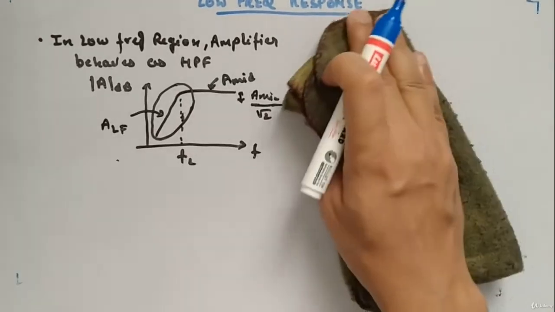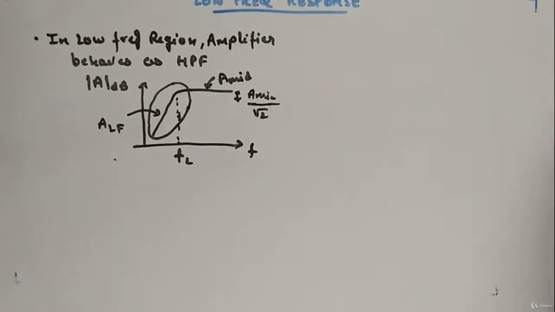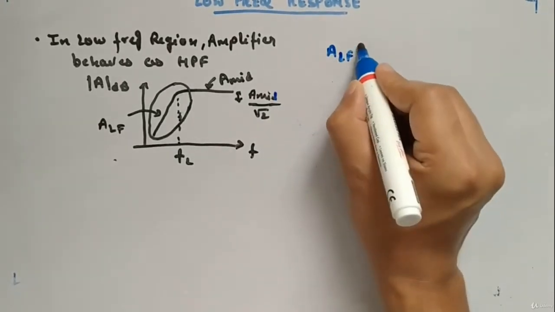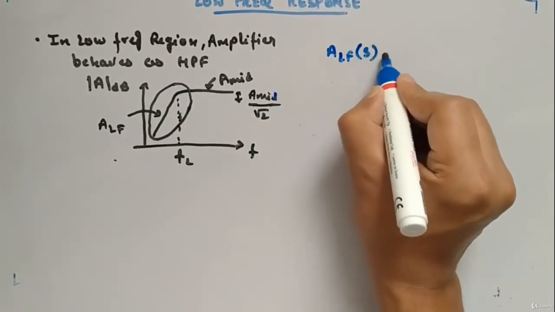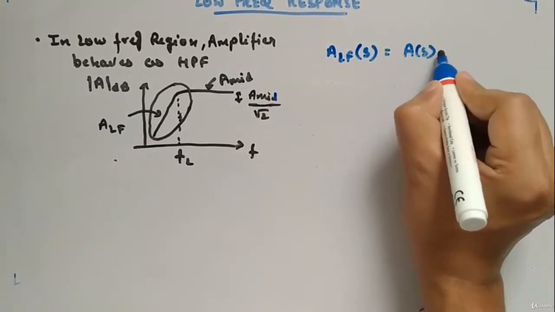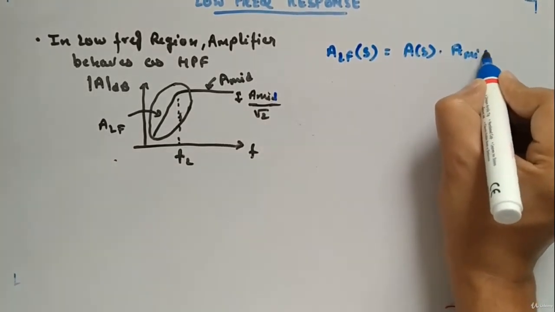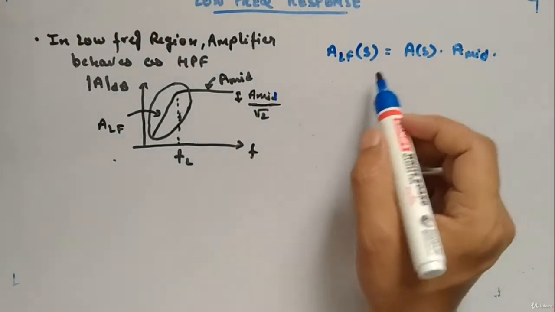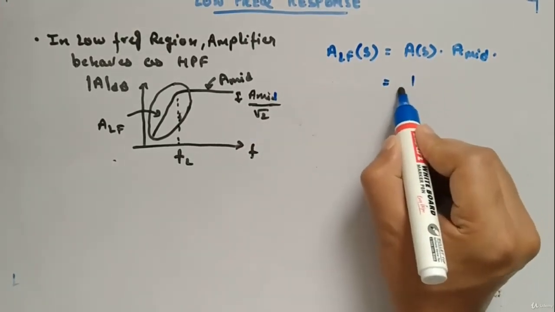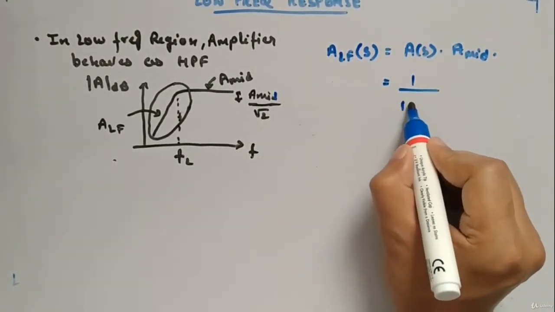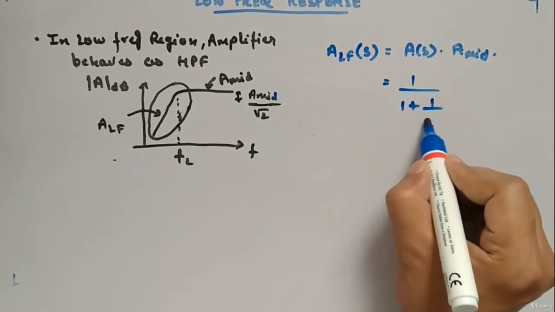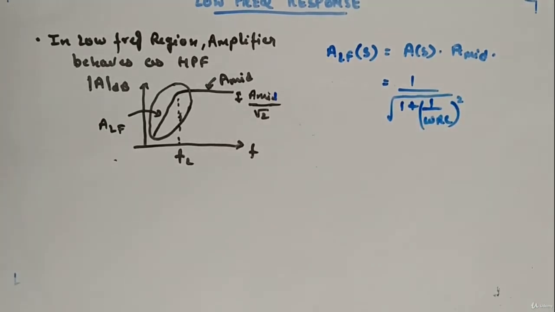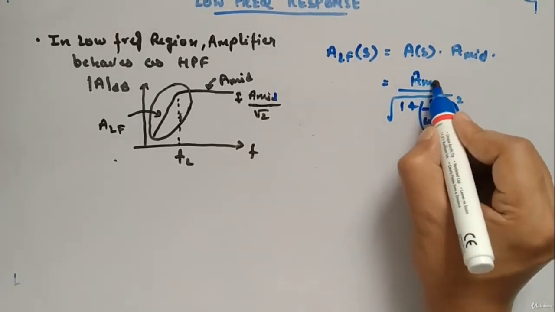So overall what you can conclude by looking at this is that A_LF(S) will be A(S) into A midband, so that it will be down from A mid. So this will be 1 divided by under root 1 plus 1 by omega RC whole square, into A mid.